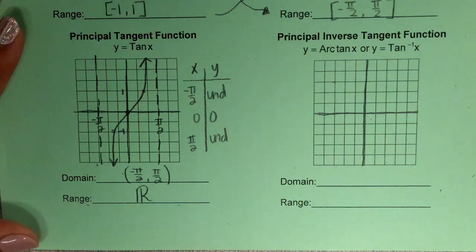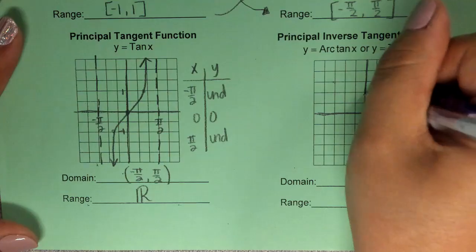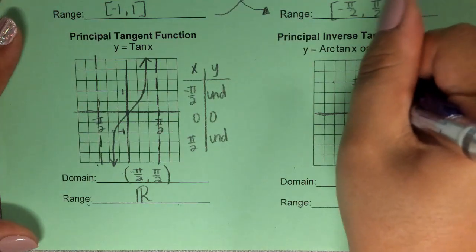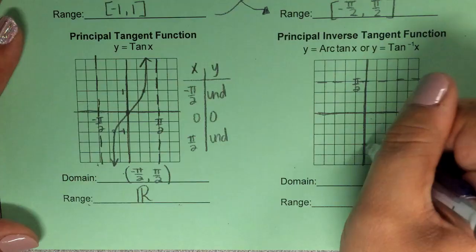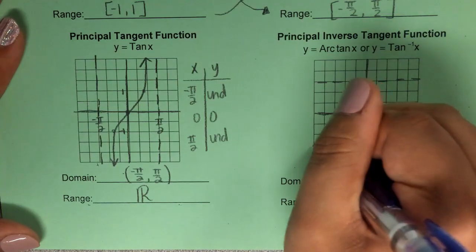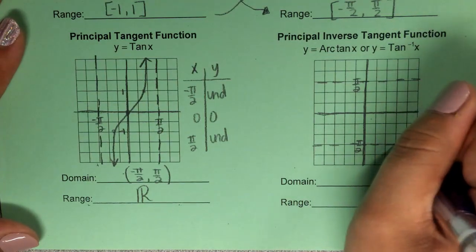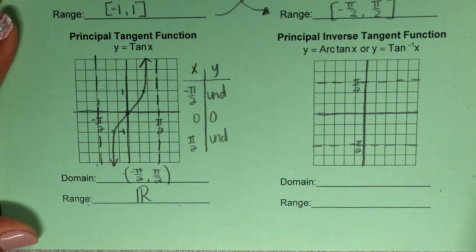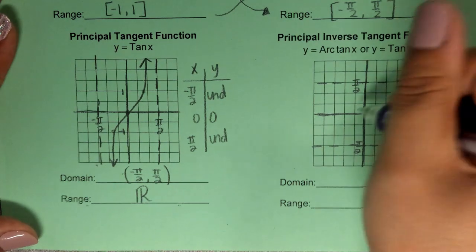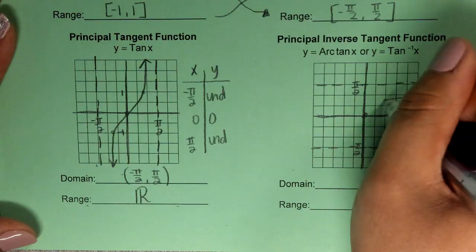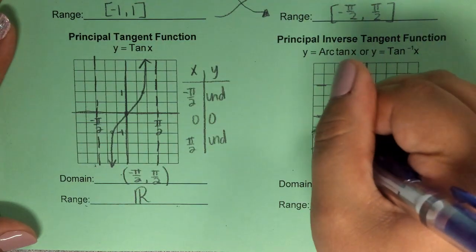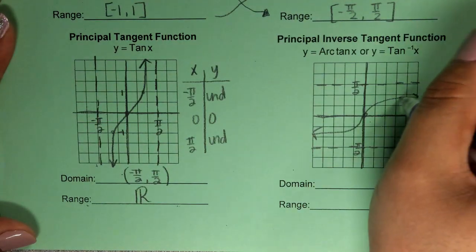On the y, they're going to be horizontal lines now. At pi over 2, I'm going to draw a horizontal asymptote, and at negative pi over 2, and then it's going to go through 0, 0, and it is going to be positive. I'm not very good at drawing this sideways.